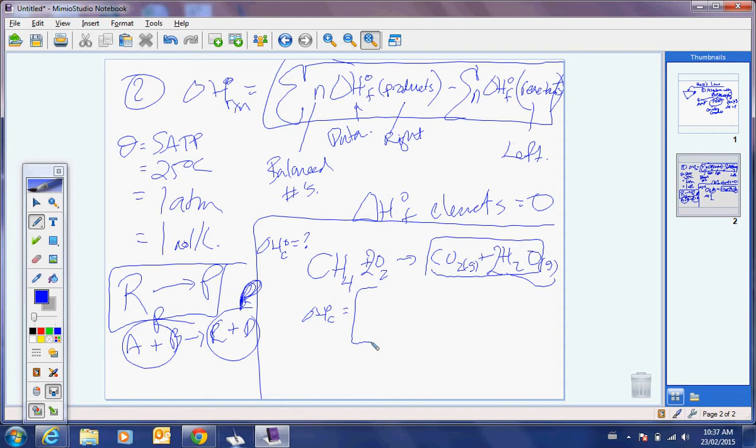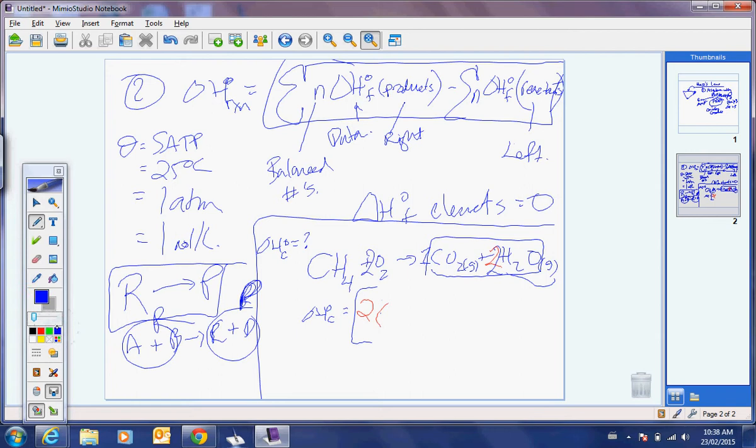Okay, 2 in front of the water, so therefore it's 2 times.